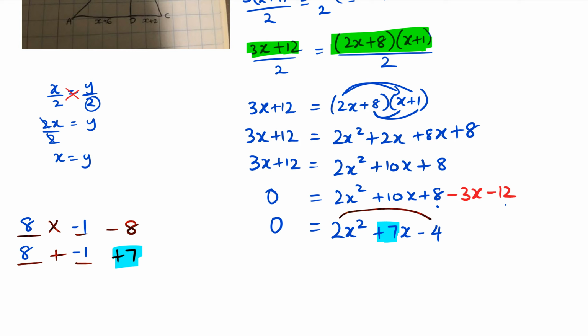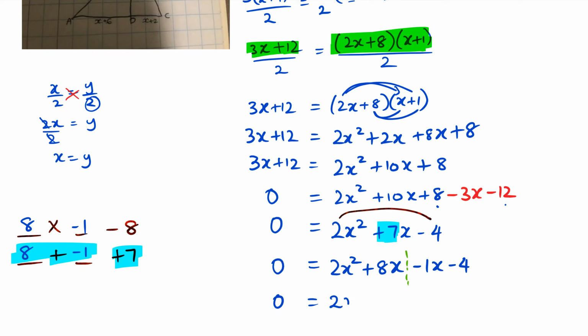So I replace the 7x with 8x and negative 1x: 0 is equal to 2x squared plus 8x minus 1x minus 4. Then I'm going to factorize by parts. Sorry, I was just thinking about calculus at the moment.